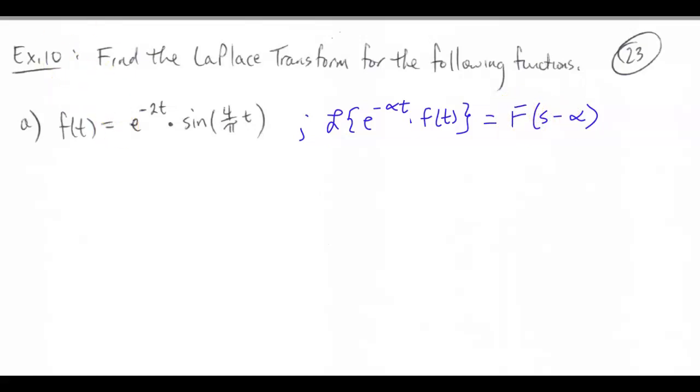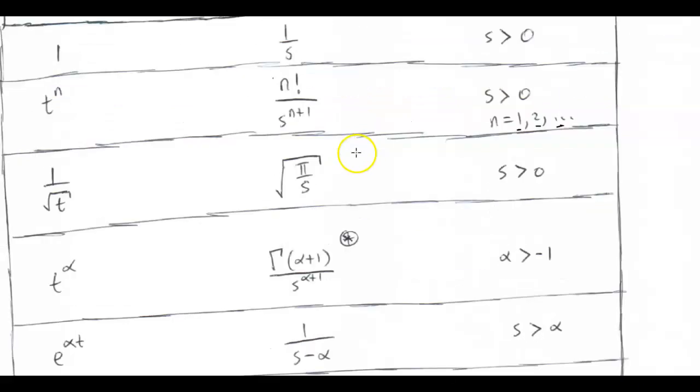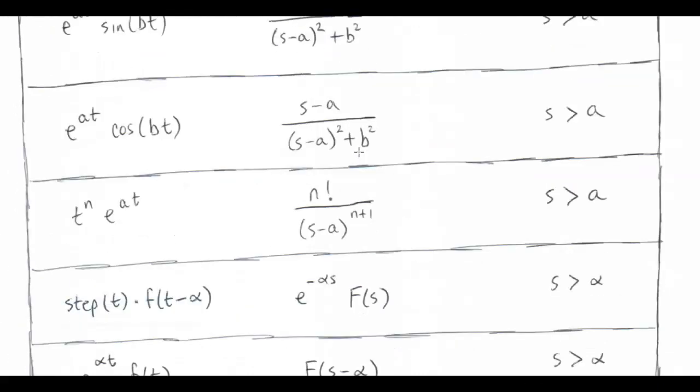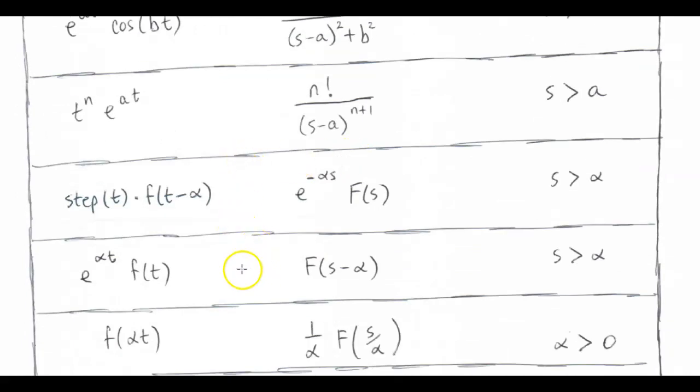So let me take that off here. If we look at my little chart here, we see that that's exactly what's happening. And of course, we know that s has to be greater than alpha.